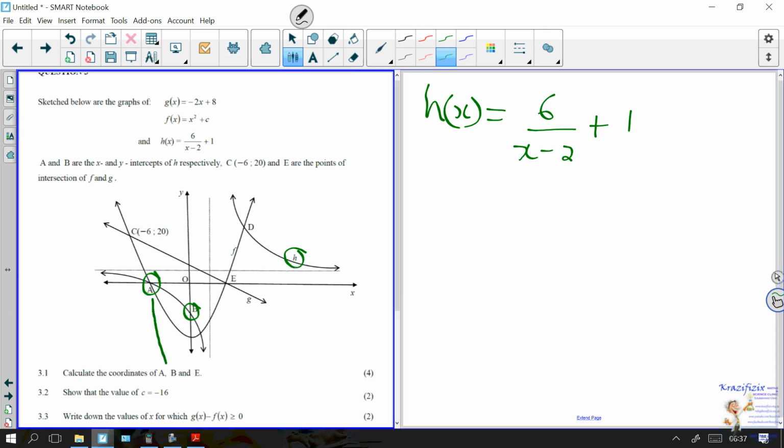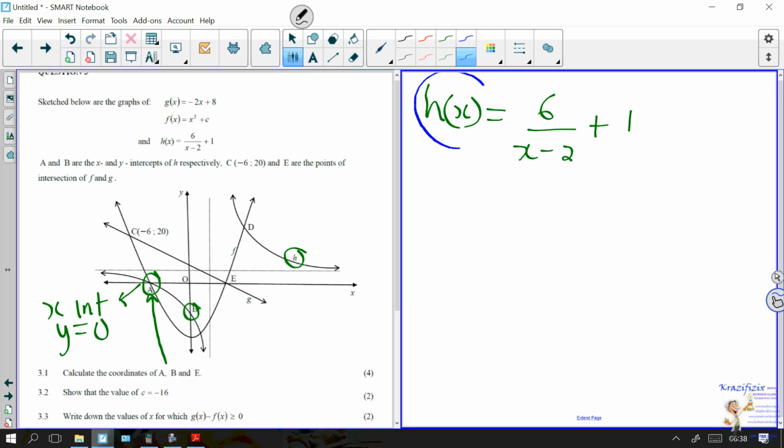Do you notice A is on the x-axis, so it's the x-intercept. And at the x-intercept, y equals what? 0. So let's put y equals 0. By the way, h of x simply means y. So we're saying y equals 6 over x minus 2 plus 1. But at point A, my y equals what? 0. I'm looking for my x value.